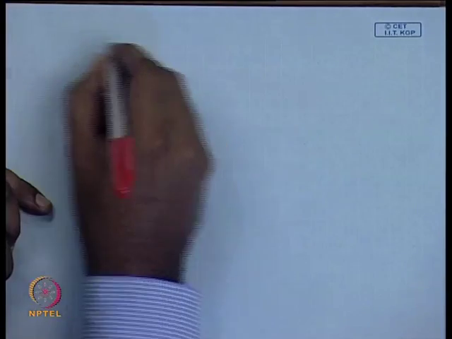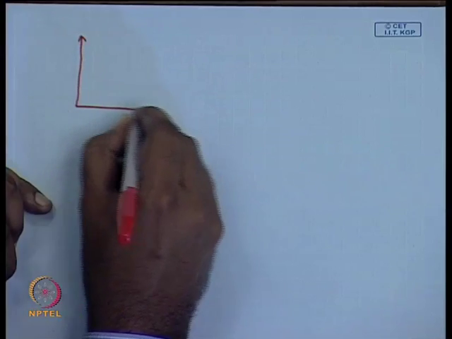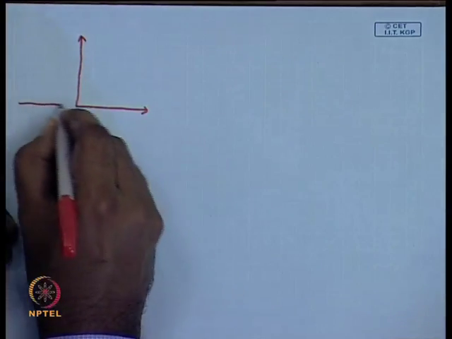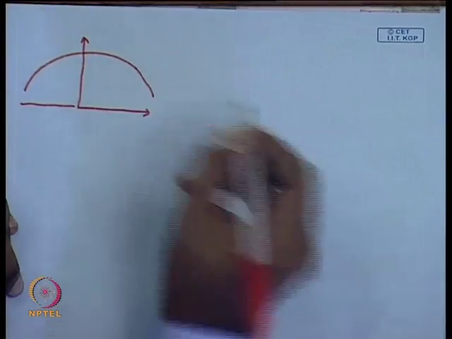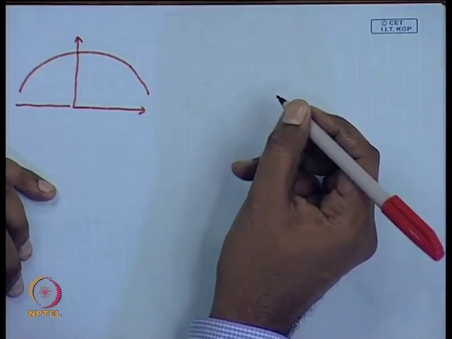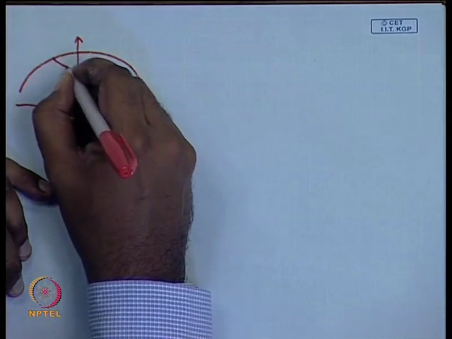Now, let us look at the expression for volume. So, again let us quickly draw that particular figure. So, this is the surface you have. Now, you would like to find out the incremental volume, the infinitesimal volume.